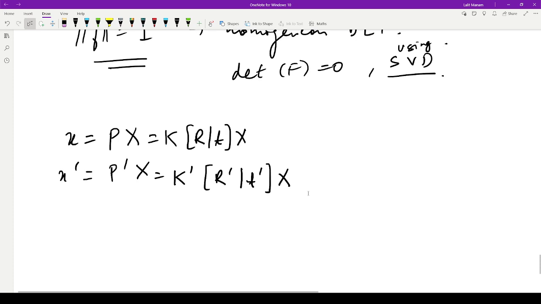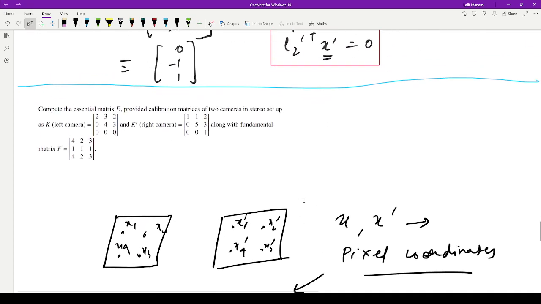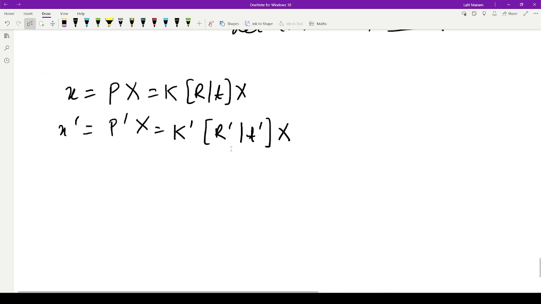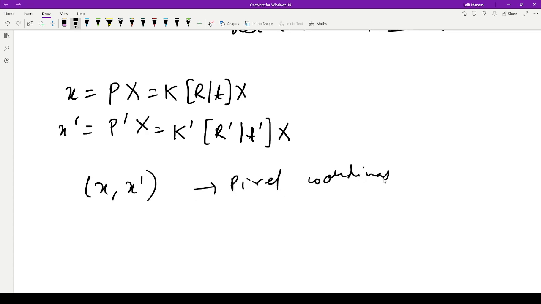Okay, so we were somewhere here. When you only have x and x prime given to you in pixel coordinates, then you can estimate the fundamental matrix.